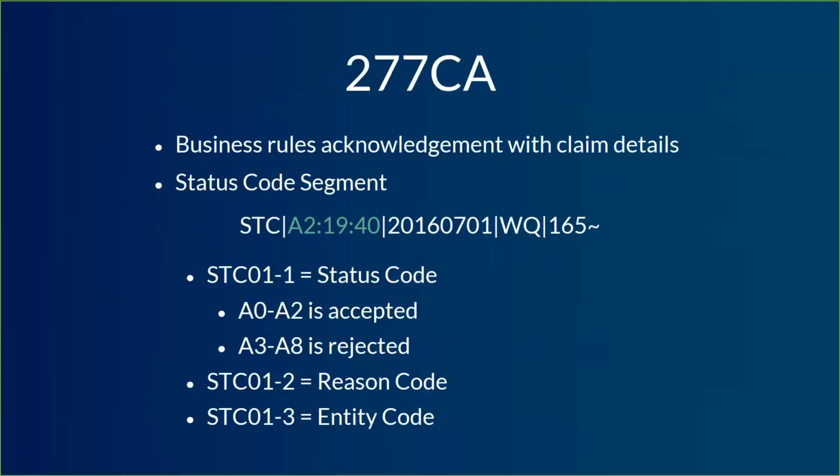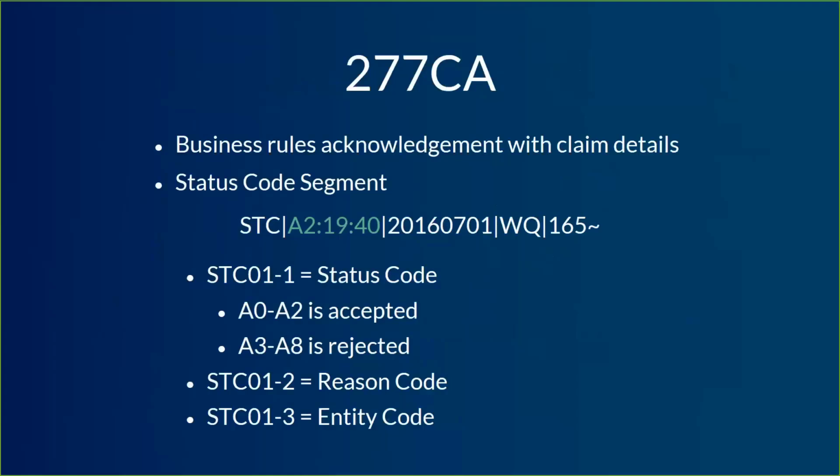The main part we're going to focus on for the 277CA is the status code segment, or the STC status code. And within the status code segment, the STC01 with its 3 subpositions, that's going to be the main focus, because in those 3 subpositions you can get most of what you need to know out of a 277 at a basic level.